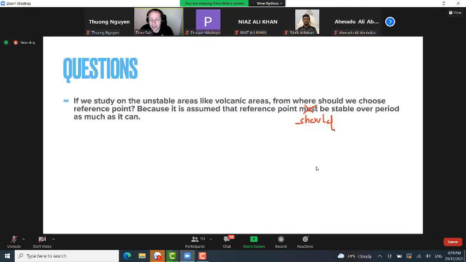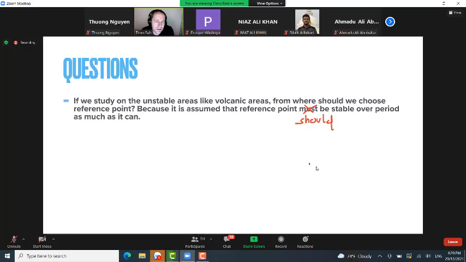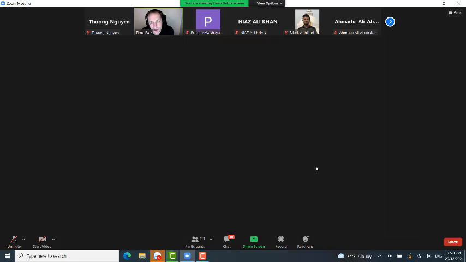If your reference point is itself moving, you will still see we are looking at differences in motion over the scene. So you will still identify the difference of other motion components over the scene, even if your reference is moving. That's not going to be a huge issue in analyzing.